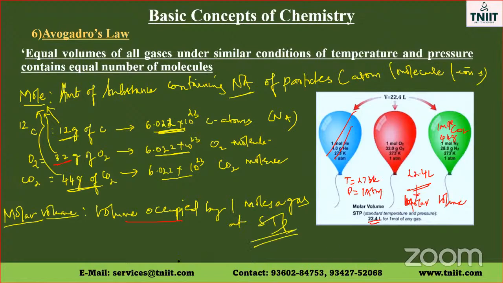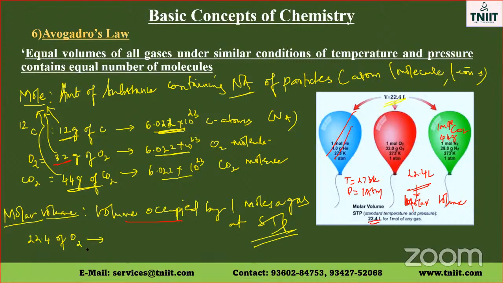Now, what is Avogadro's law? In order to understand Avogadro's law, we are going to redo this. Now we'll take 22.4 liters of oxygen. This 22.4 liters of oxygen is 1 mole, and 1 mole occupies what volume we learned? 22.4 liters.